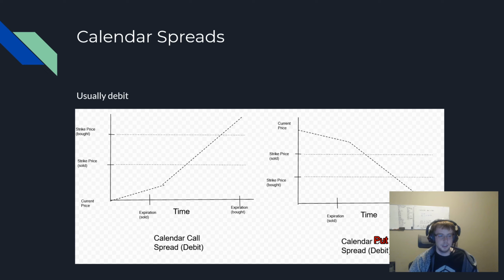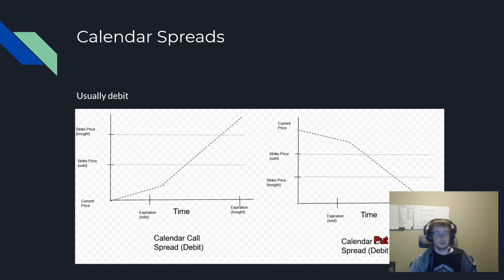So the idea is that you're selling something close in time that is going to be worth less than something farther out in time. So it's a debit. And you may sell one and buy one at the same strike price, just on different days, right?